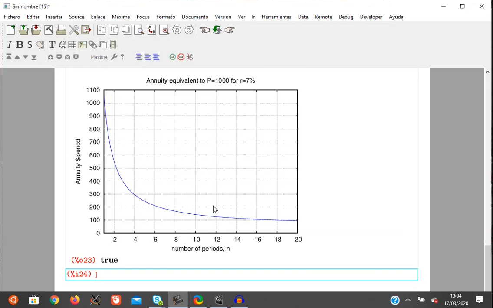The shorter the annuity, the fewer financial payments we make and the more reimbursement. If we move to the future, there is not much difference between paying 16, 18, or 20 payments. We actually pay the same amount of money per year, the annuity is around 100, and what we are increasing is the total financial cost of the process. Okay, that's all for the moment.